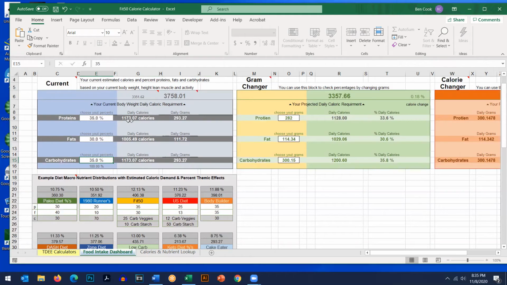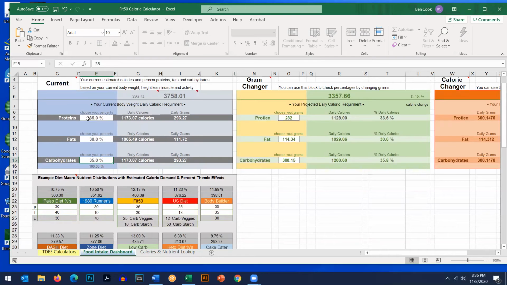And it's going to tell me how many calories each day that I need to get in each one of these areas. I need 1,173 calories in carbohydrates. And the daily grams of carbohydrates that I should get with this number of calories is 293. So if you're measuring carbohydrates on a kitchen scale, and you're looking at grams of carbohydrates each day, these are the numbers that you should get.